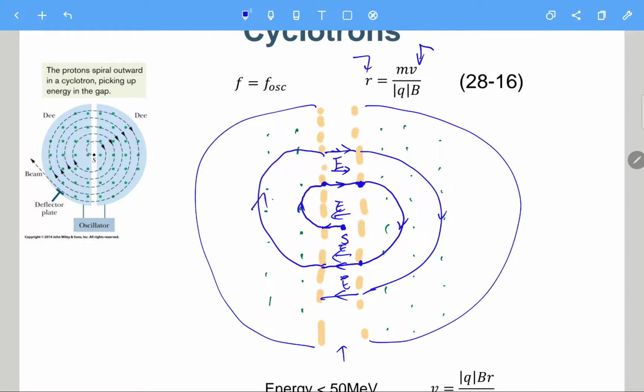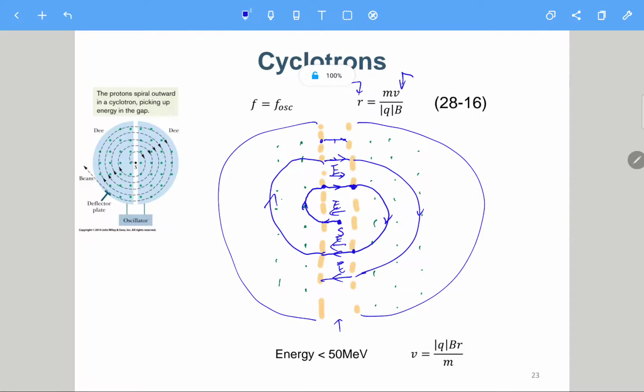Otherwise, if the timing is not good enough, maybe the particle goes to this point, it needs to accelerate to the right side, but still the E field points to the left side, then it will decelerate the particle. So it needs some sort of control mechanism, or maybe you can just keep the E field pointing to the left side at the bottom part and to the right side at the top part. So everything will look fine.